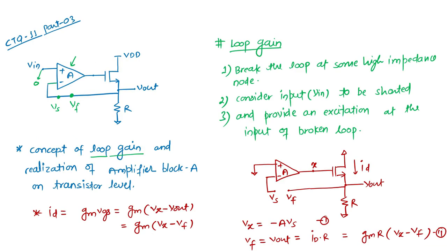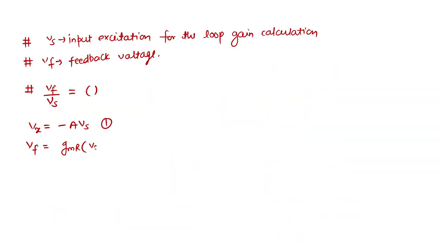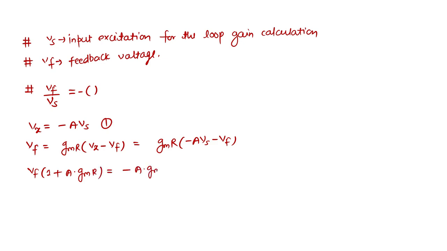Vf is equal to gm R times (Vx minus Vf), where Vx is minus A Vs. So minus Vf, Vf can be taken common here, minus is also there. 1 plus A gm R equal to minus A gm R Vs. So what you will get, Vf by Vs is equal to minus A gm R divided by 1 plus A gm R. Okay, so this is the loop gain.